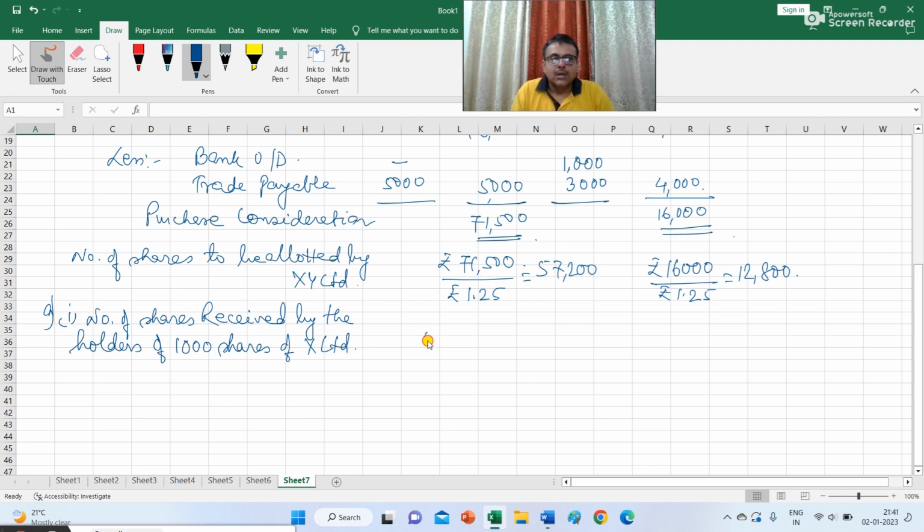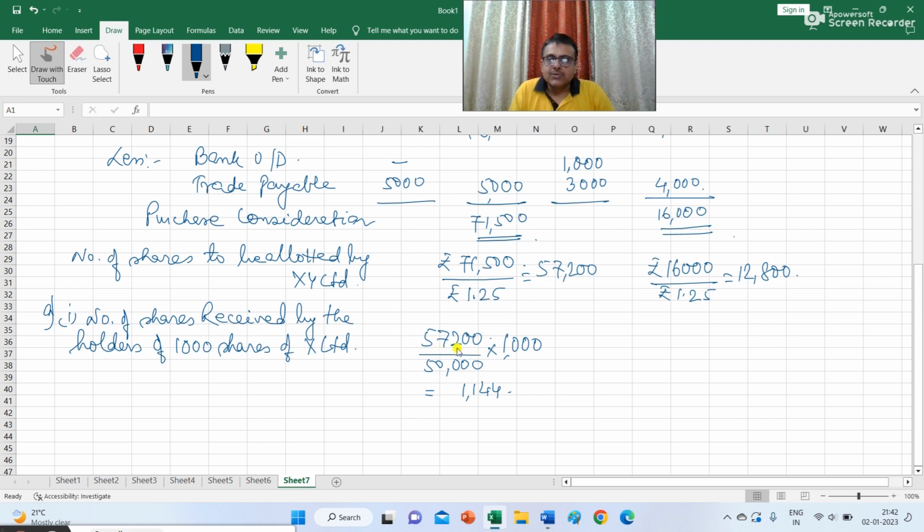So 57,200 shares have been allotted to 50,000 shares. So for every 1,000 shares, the number of shares that will be allotted is 1,144. So this is basically the unitary method that I have adopted here.